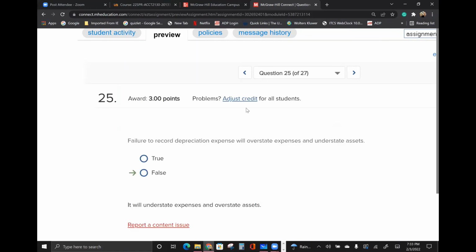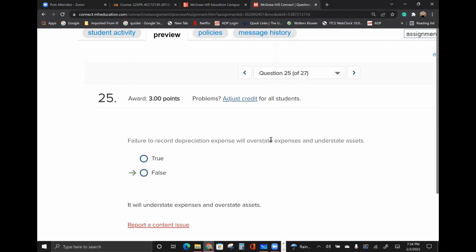Failure to record depreciation expense will overstate expenses and understate assets. I do like questions like this, to kind of get you to think. So think about it for a second. If we do depreciation expense, and expense is a debit, it's reducing my income. If I don't put it on the books, will I overstate my expenses and will I understate my assets?